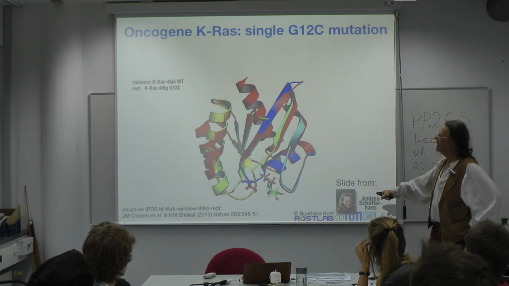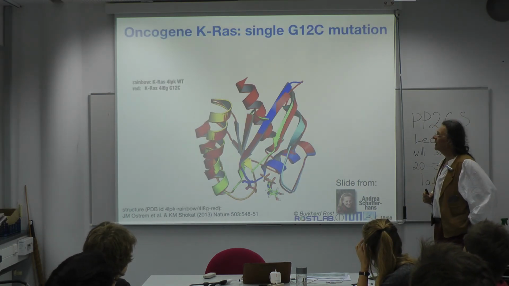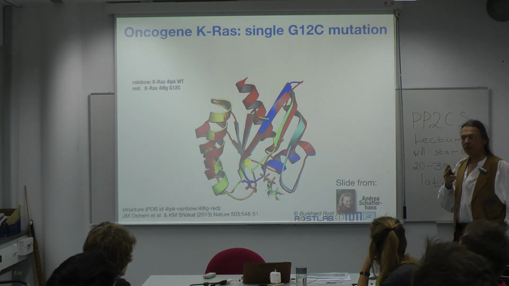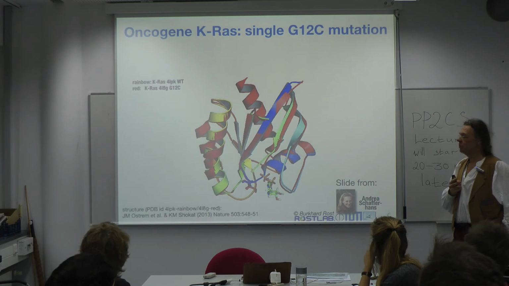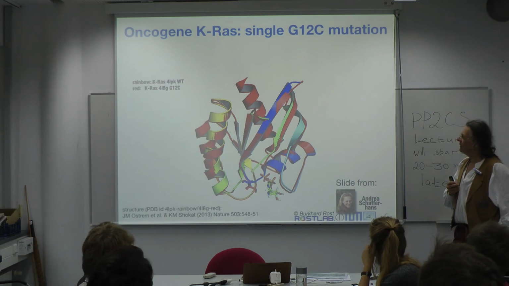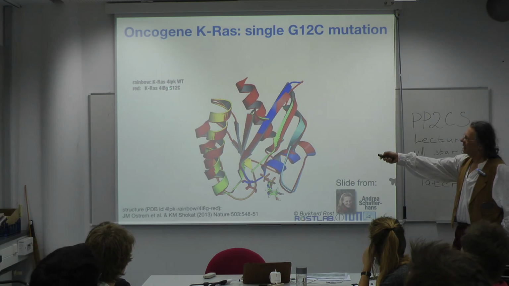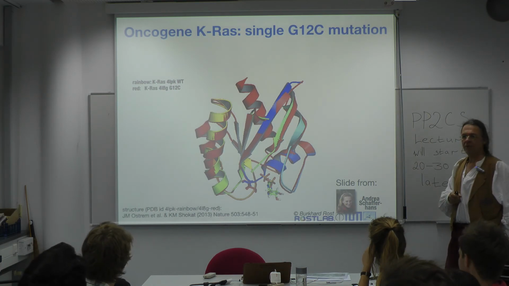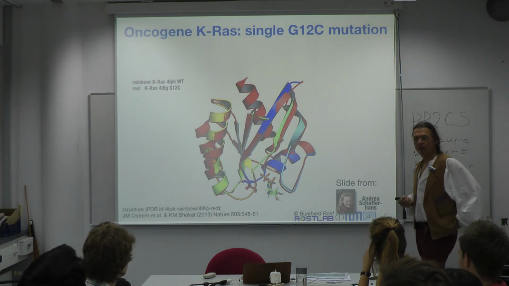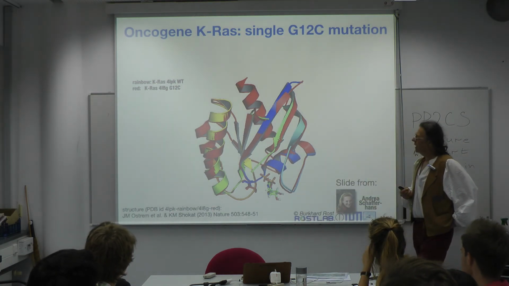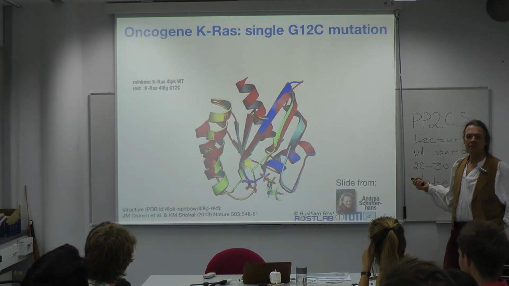And what is overlaid, and that's a slide from Andrea Schafferhans. Now, on top of that, you actually see two structures superposed here, and they differ by one particular residue, and that is at the position 12. There's a G in the wild type, and that's varied to a C. Okay. Now, do you see a difference?